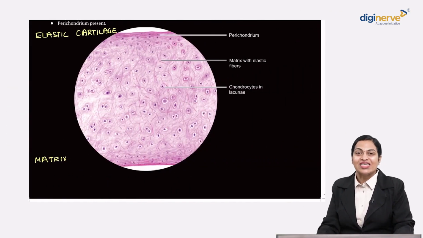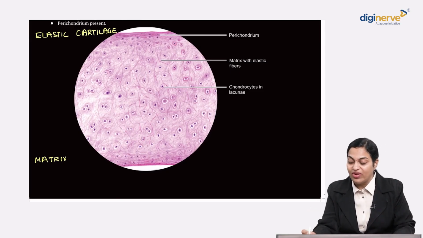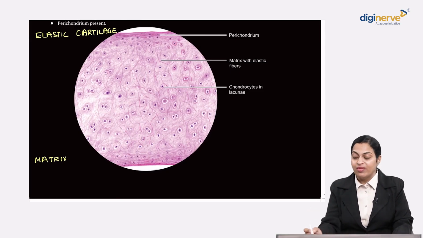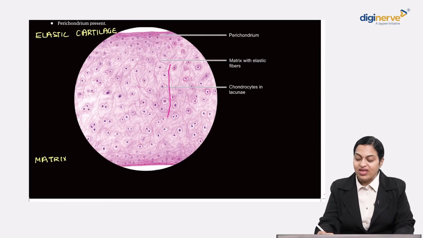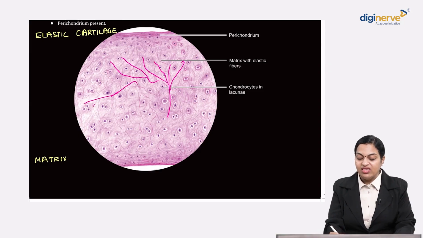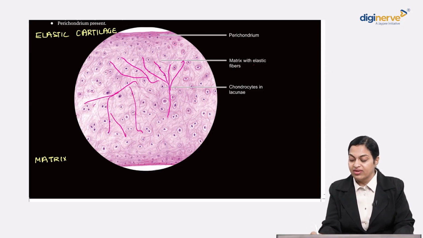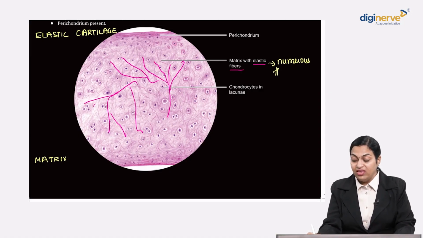Coming to elastic cartilage, why do you think it's called elastic cartilage? Because the matrix contains a greater amount of elastic fibers, right? The elastic fibers present here are more numerous, thick, dense, and show a branching pattern, right?